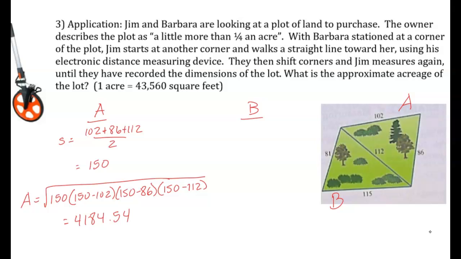Then, unfortunately or fortunately, we have to do the same thing again, this time for B. So we do 81 plus 112 plus 115, divide by 2, and I believe we get 154.